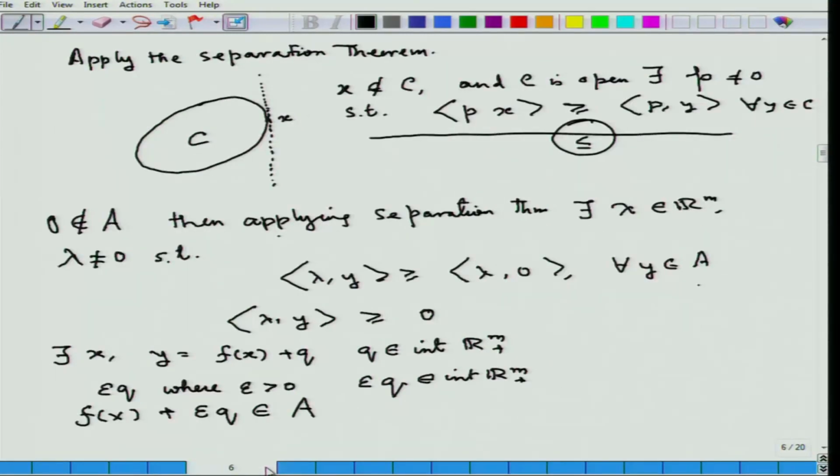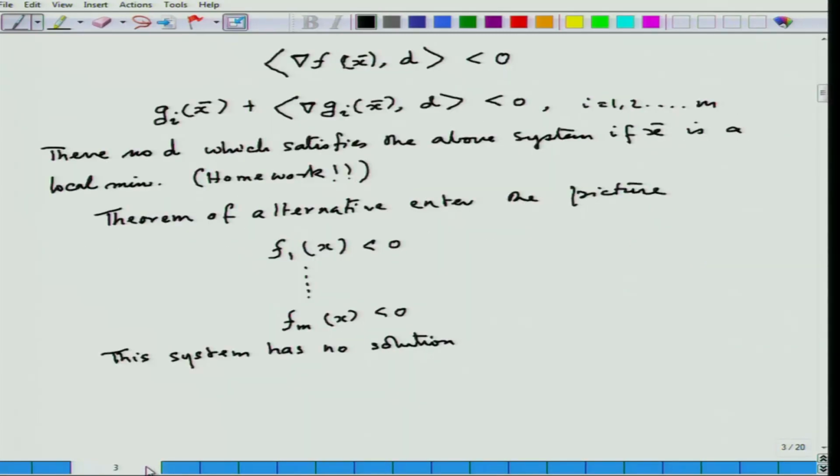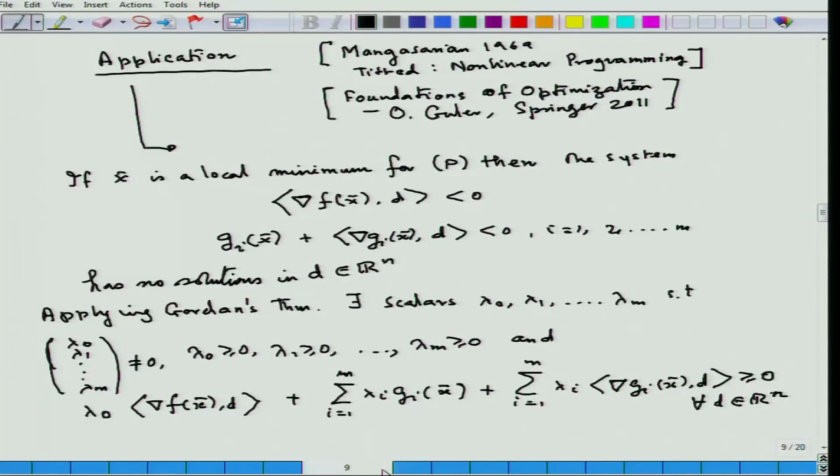As we have already discussed, our major impetus for studying these theorems of the alternative is this fact: if x bar is a local minimum of P, then this system has no solution in D. If you observe, this function is linear in D and this function is affine in D, so all of these are convex functions.